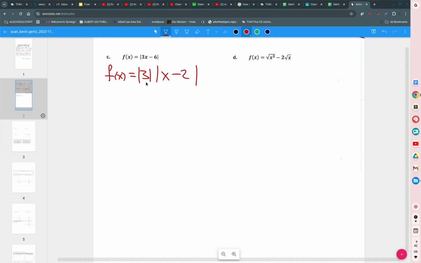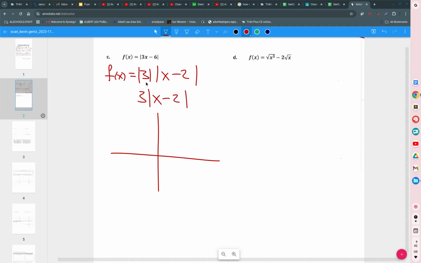Right. All right, for this one, I'm not even gonna find the derivative, because I know something about the function. What does the absolute value function look like? Yeah, we just simply wanna find where this spot occurs, right? And so I'm going to factor out an absolute value of 3. What is the absolute value of 3? 3. So I have 3 times the absolute value of x minus 2.